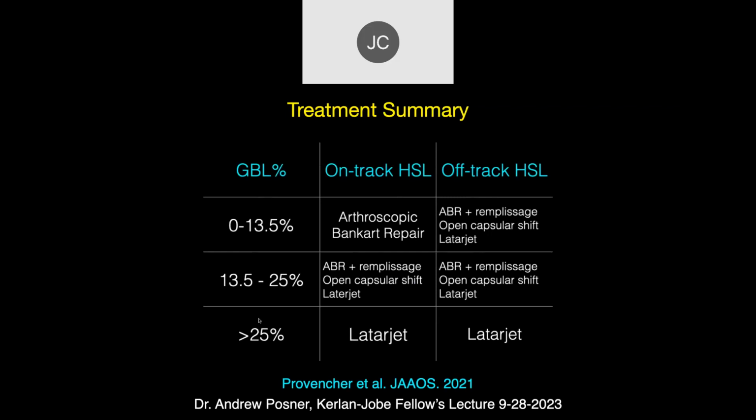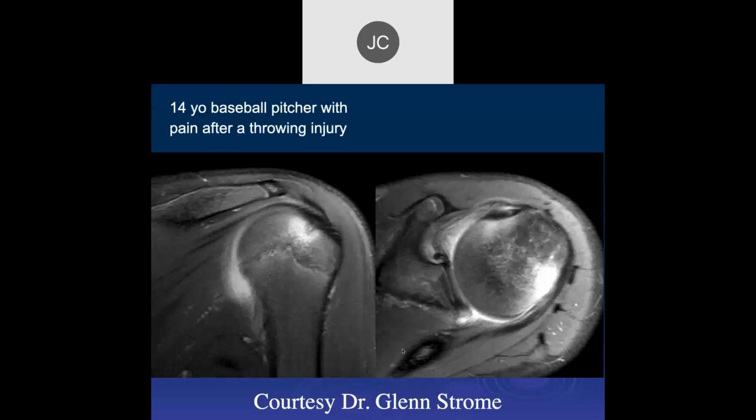And then if it's greater than 25% bone loss, then a lateral J, or if it's large enough, this would be in a younger athlete. In older people would be a bone graft procedure to that anterior glenoid.